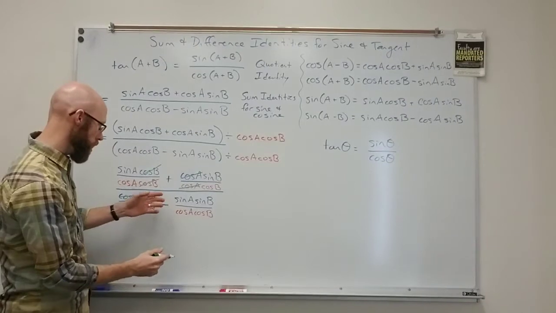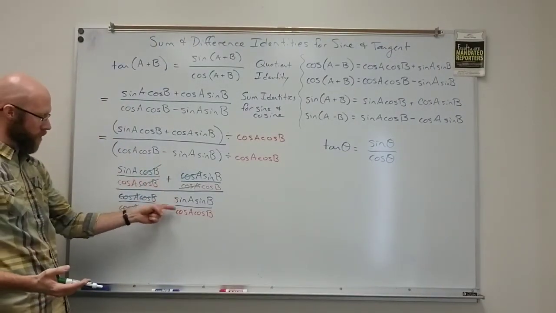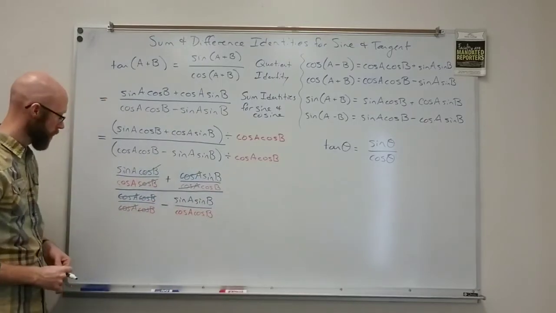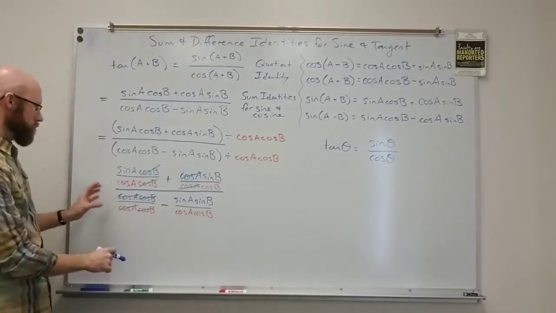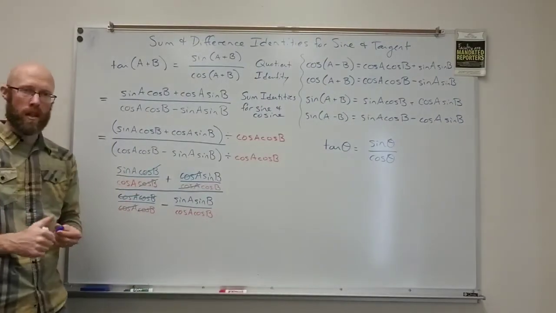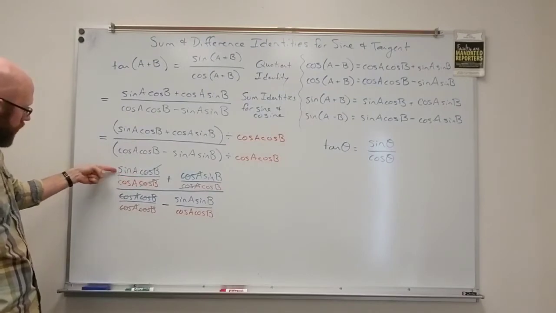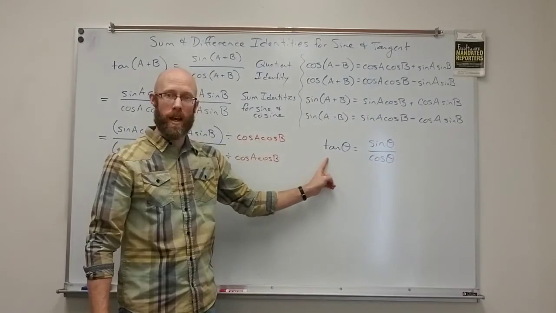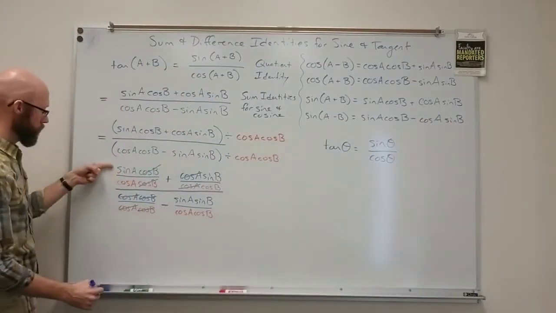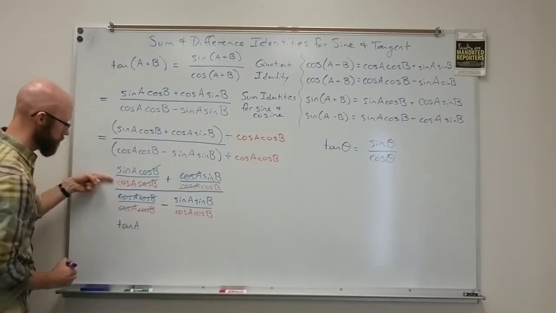And here I have nothing that cancels. In this fraction, I don't have any shared factors. However, we can then simplify what's left. After I cancel the cos B's, my sine A over cos A is really just tangent of A. So this first term reduces down to simply the tangent of A.